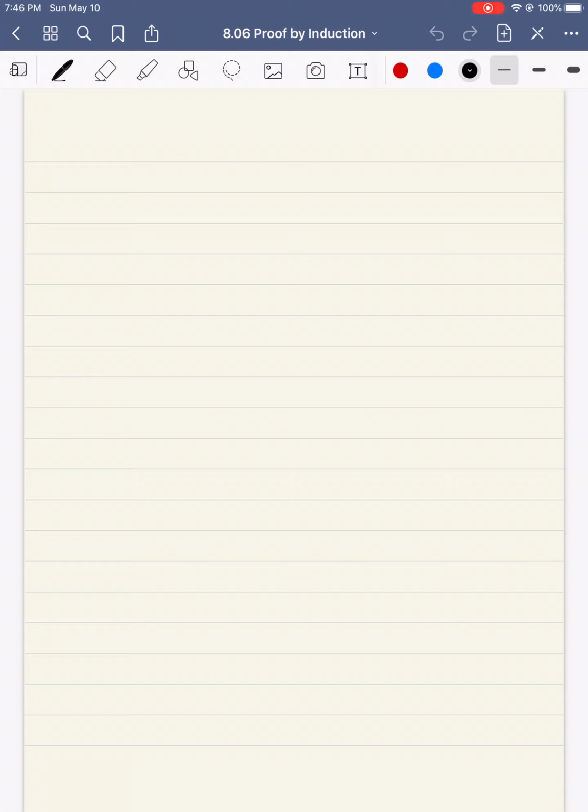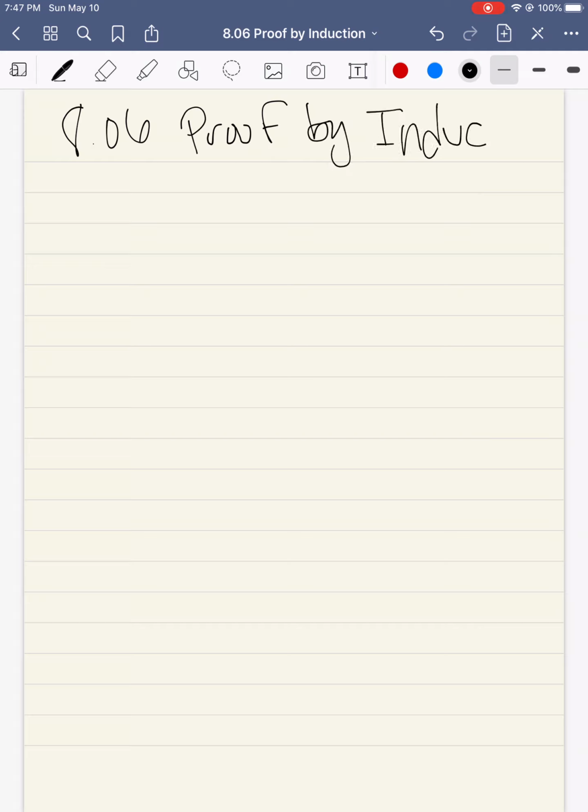Hi everyone. Today we are going to start one of our last proof methods, which is called proof by induction. This proof method really encapsulates everything that we've talked about this quarter, and this is a method that a lot of mathematicians use across any field of mathematics.